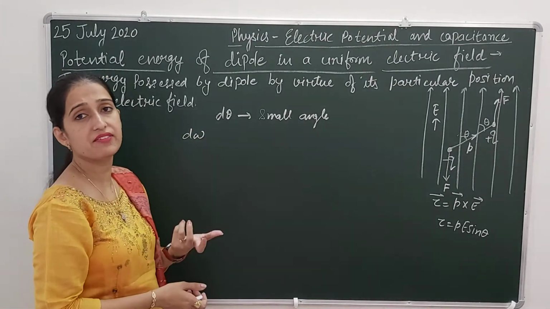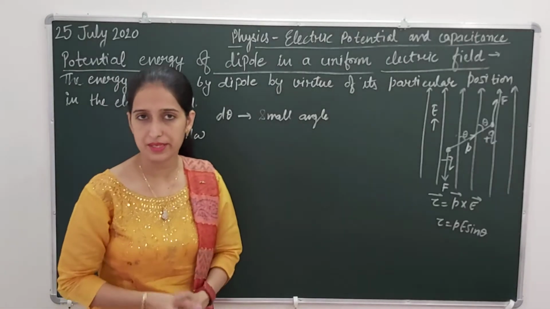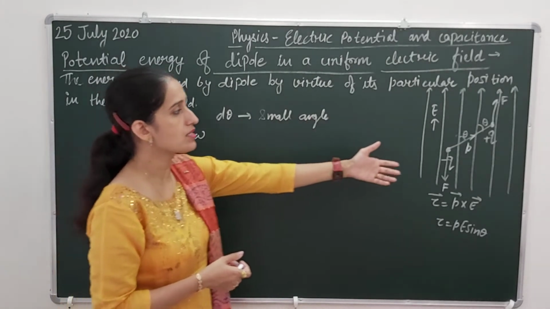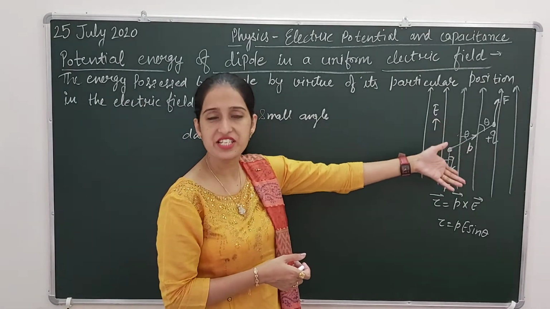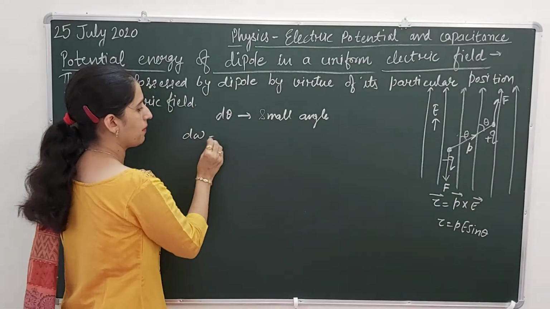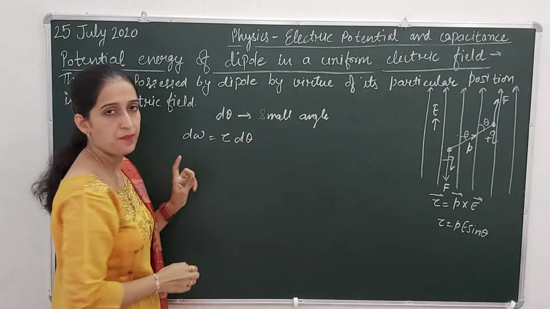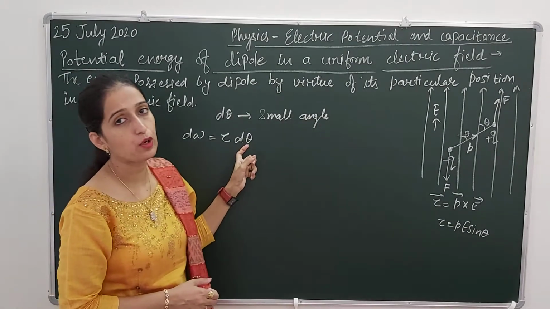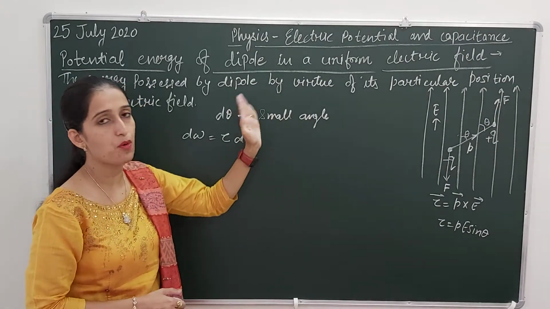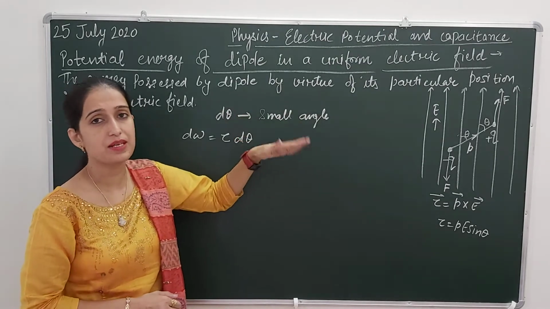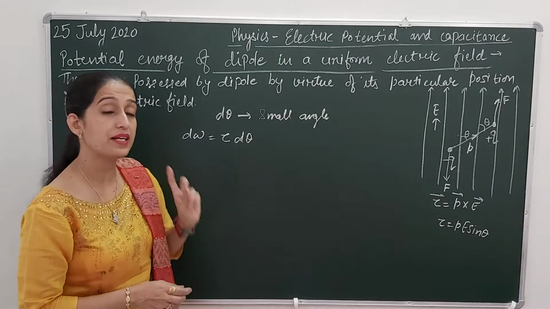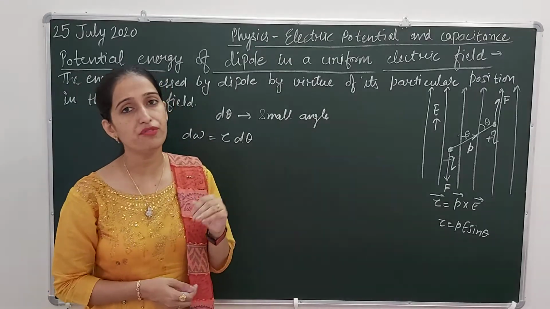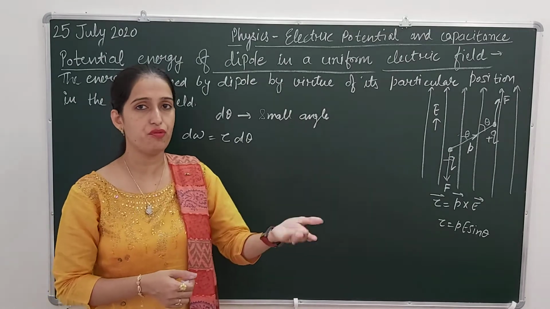We know work done is force into displacement. That is the case for linear motion. But here it is rotational motion, so work done will be given by tau d theta. Force is replaced by tau, the rotational effect of force, and linear displacement is replaced by angular displacement, denoted by theta, because the dipole rotates.